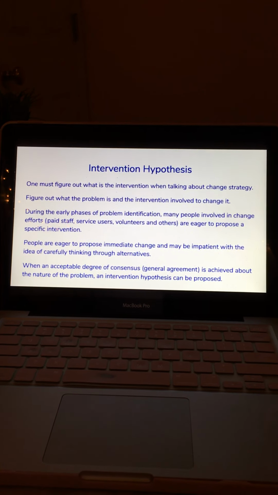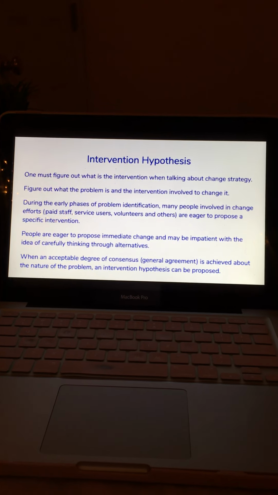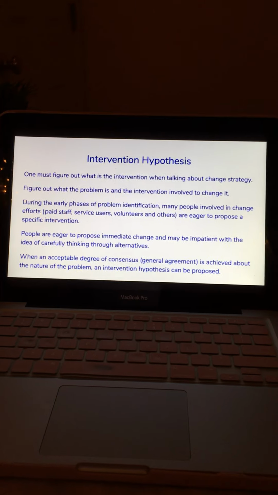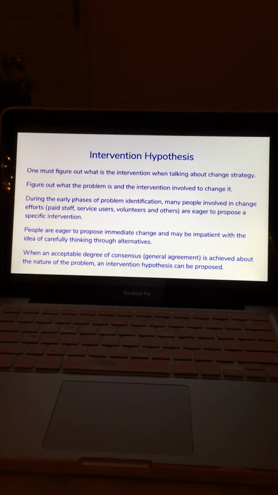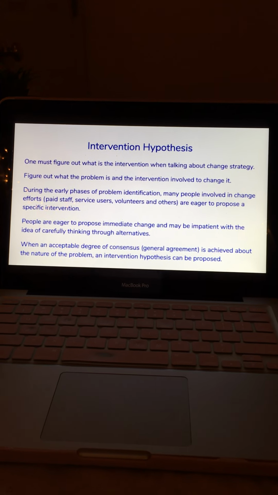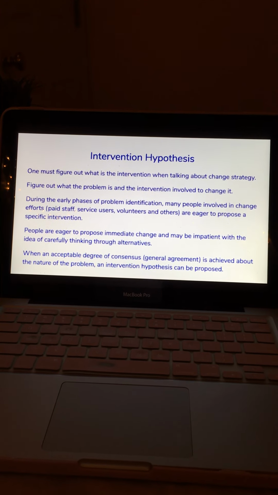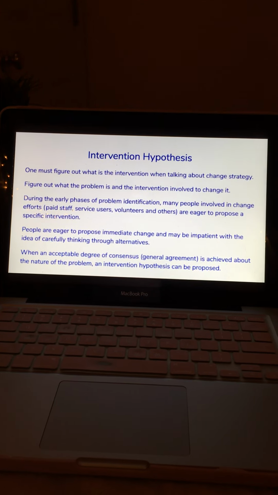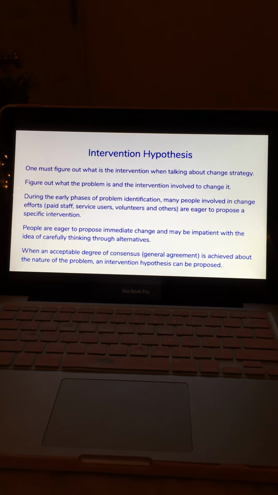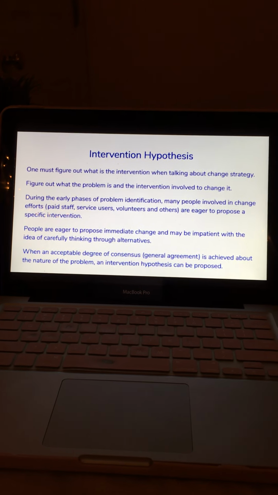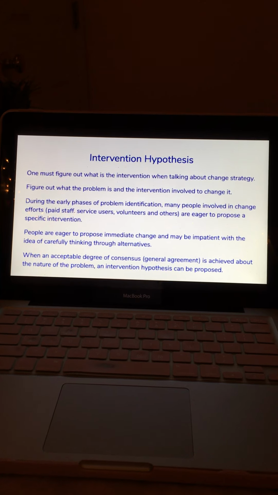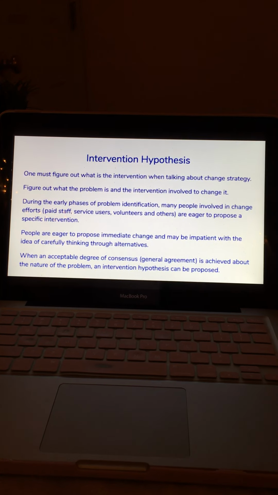During the early phases of problem identification, many people involved in change efforts, which includes paid staff, service users, volunteers, and others, are eager to propose a specific intervention. All those people have a right and the ability to propose what needs to be changed. People are eager to propose immediate change and may be impatient with the idea of carefully thinking through alternatives.